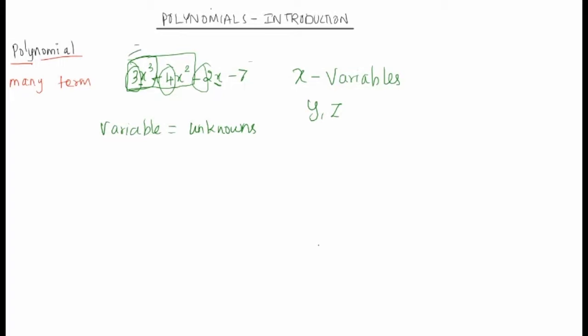These coefficients are also named constants because they have some particular value. So in this case it is 3, 4, minus 2 and minus 7.